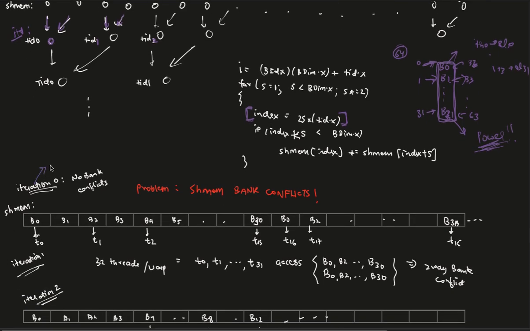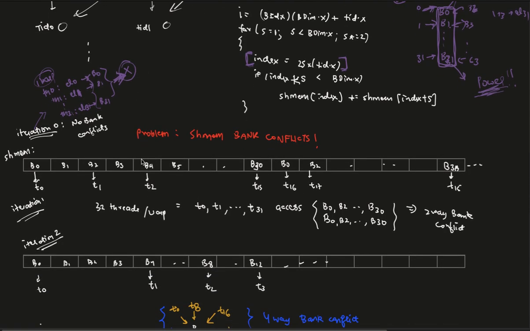So thread 0 loads element 0 into shared memory, thread 1 loads element 1, and thread 31 loads element 31. Let's talk about one warp. Element 0 will be stored in bank 0, element 1 in bank 1, element 31 in bank 31. Since each thread is trying to store in a different bank, we have no bank conflict because we just need one write to the shared memory.